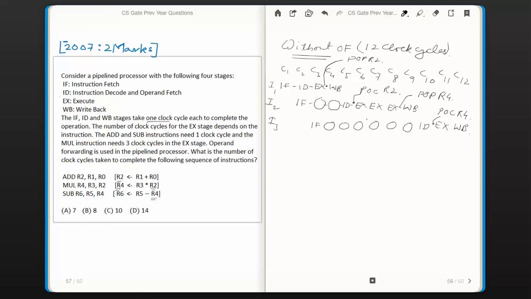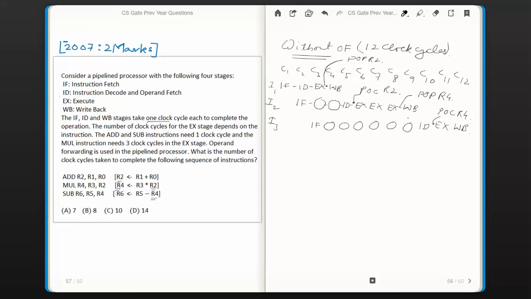Now using operand forwarding, what can be done is that this point of consumption can be scheduled right after the point of production of the dependent data value, right? So point of consumption and point of production can be back to back. It cannot be scheduled before the point of production, but right after the point of production, the point of consumption can be scheduled.